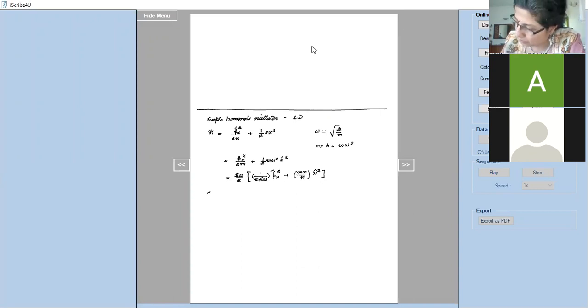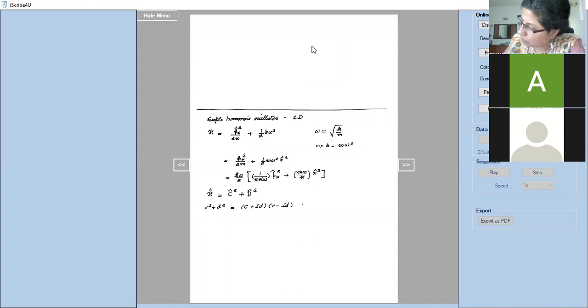And as I told you yesterday, this is as if you have an operator. Your Hamiltonian is like an operator which is equal to some operator c square plus another operator d square. And then how do you normally write c square plus d square? You would write it as c plus id into c minus id.